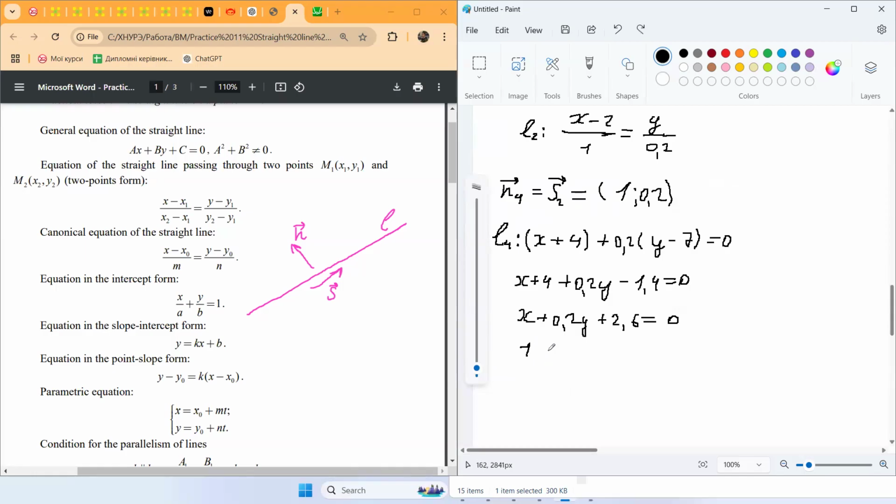Oh, we don't need to multiply by 10, just to get all parts whole numbers we need to multiply by 5. It will be enough. So 5x plus y plus 13 equals 0. So this is the equation of line L4 as well, but we multiplied both parts. Any questions about this task?